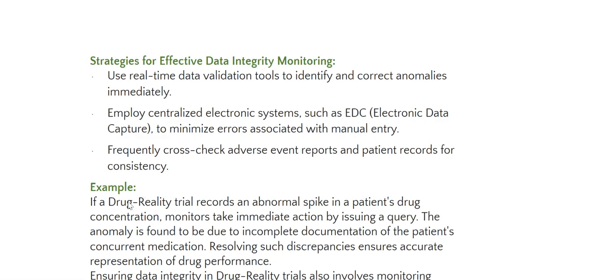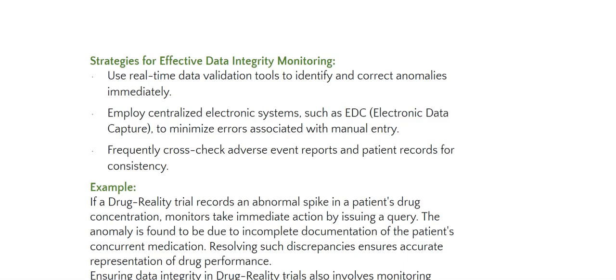For example, if a drug reality trial records an abnormal spike in a patient's drug concentration, monitors take immediate action by issuing an inquiry. The anomaly is found to be due to incomplete documentation of the patient's concurrent medication. Resolving such discrepancies ensures accurate representation of drug performance.